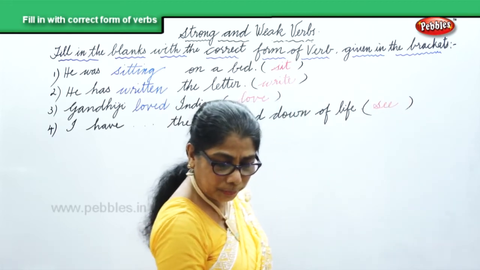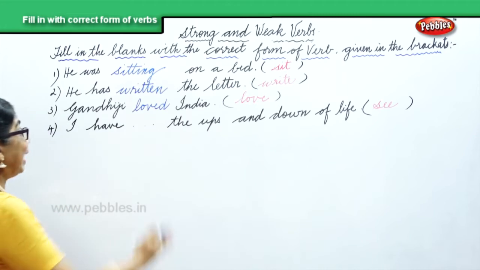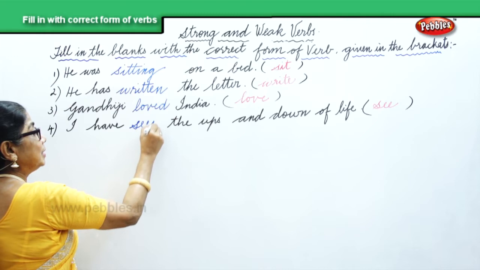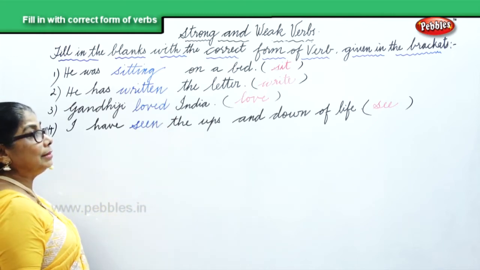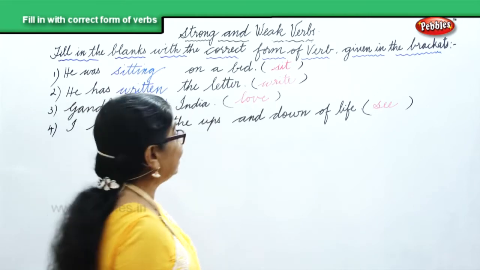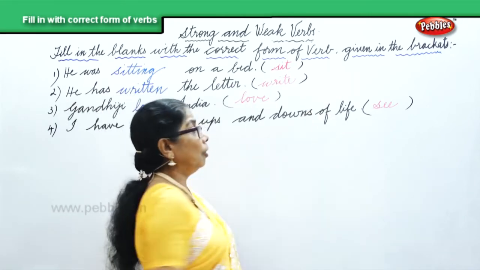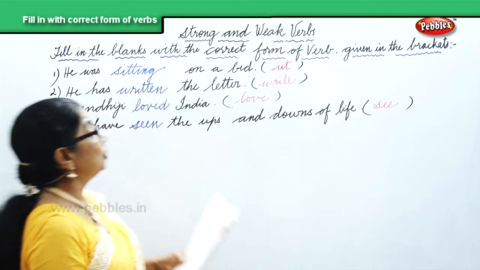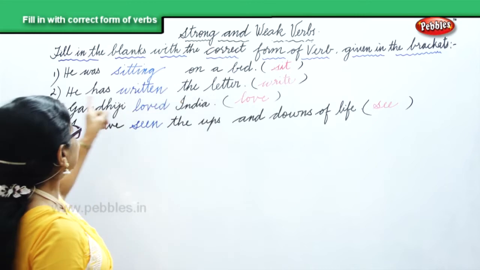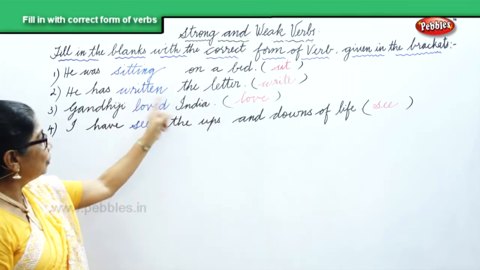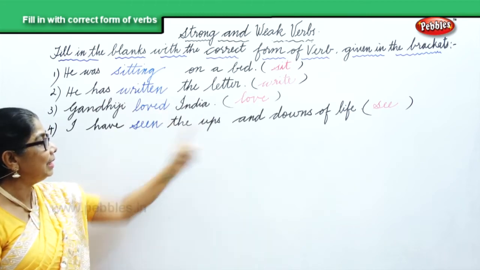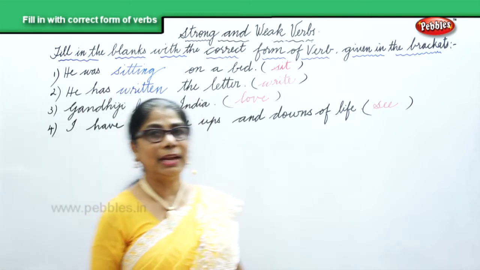So, what form of verb will you put in now? I have seen. Very good. I have seen the ups and downs of life. So we used: he was sitting, he has written, Gandhiji loved, I have seen the ups and downs of life.